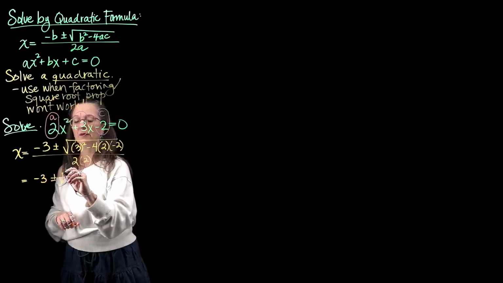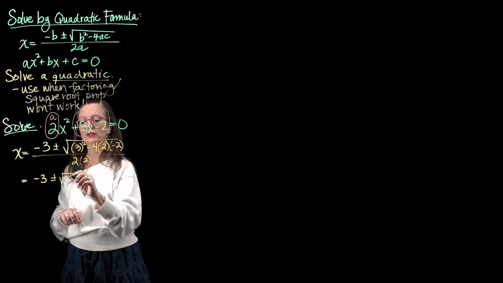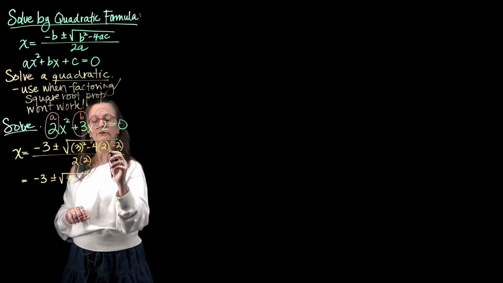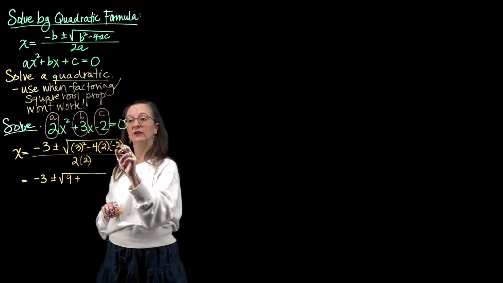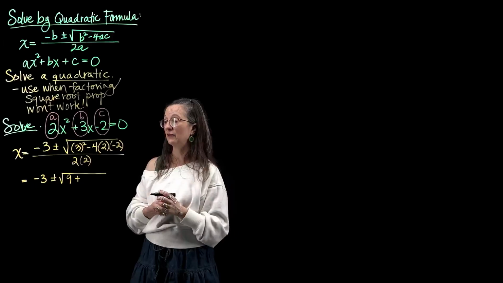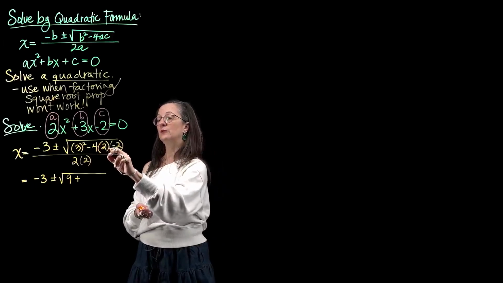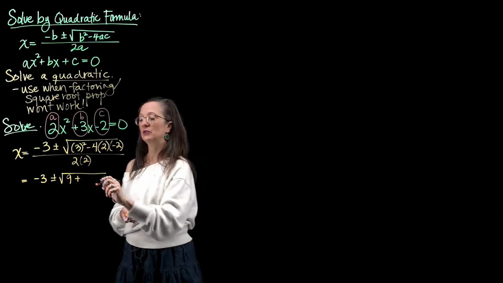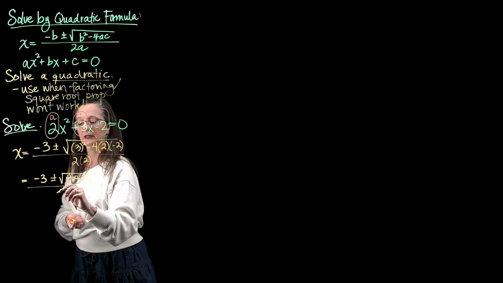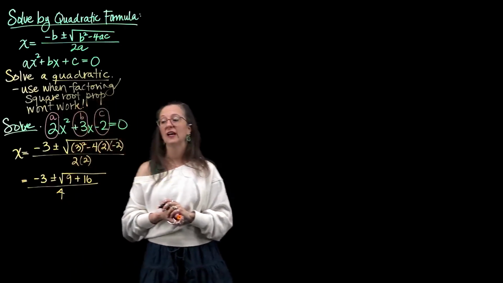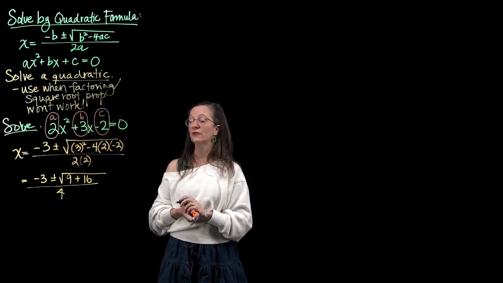So negative 3 plus or minus 3 squared is 9. And then it's going to be a plus because negative 4 and negative 2 makes a positive number. 4 times 2 is 8, times 2 is 16. And then we'll be dividing that by 2 times 2, which is 4.